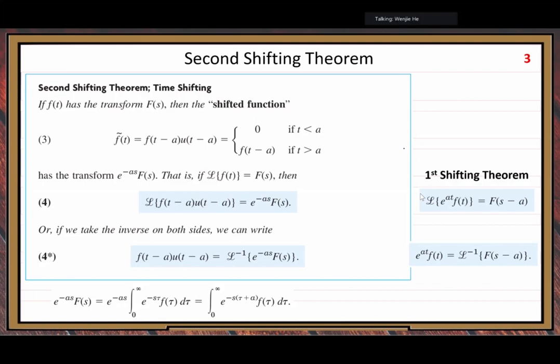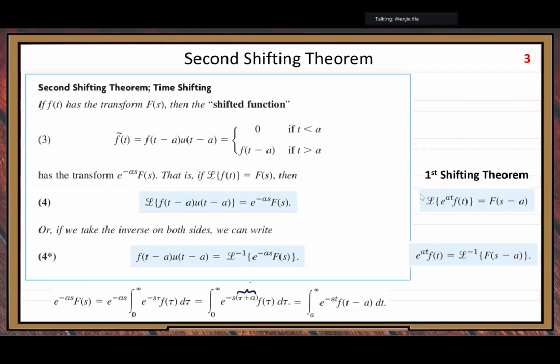Then we combine and simplify, so we get it like this. Then we do the variable substitution, because of this tau plus a, so you use t. This tau plus a, you replace it, because it is just a dummy variable.